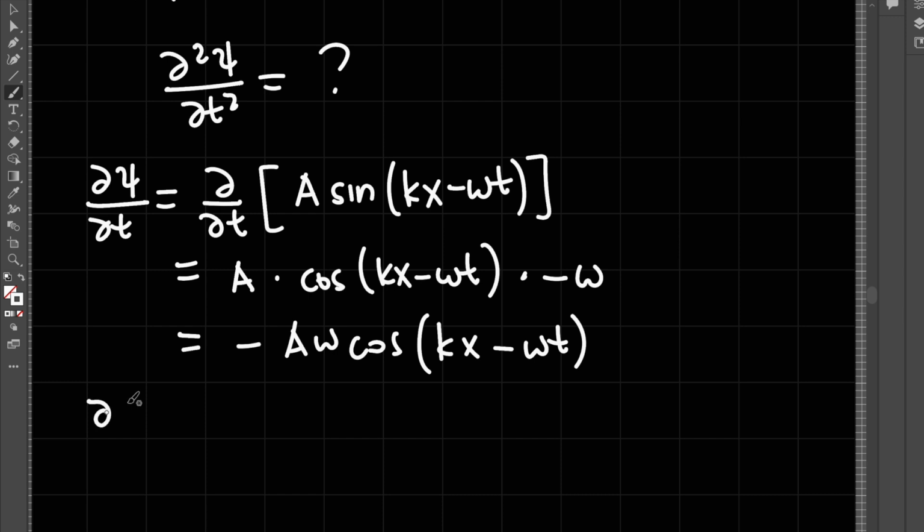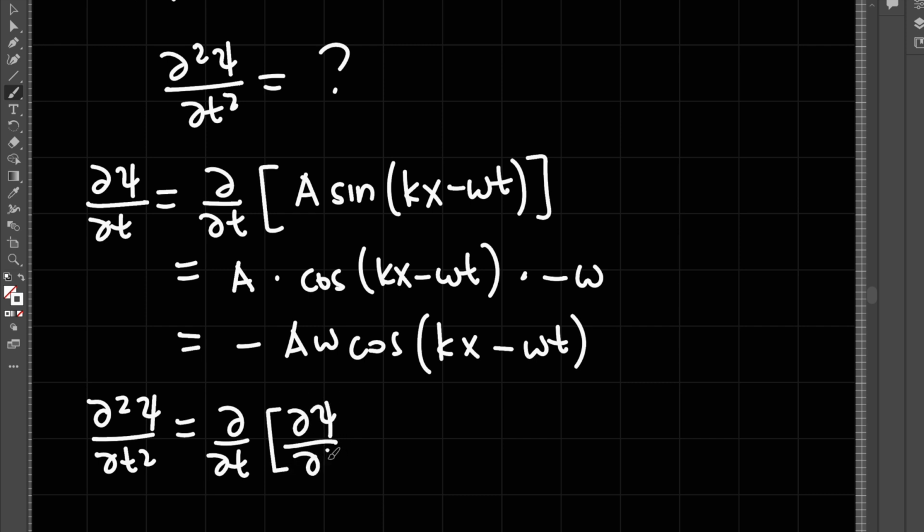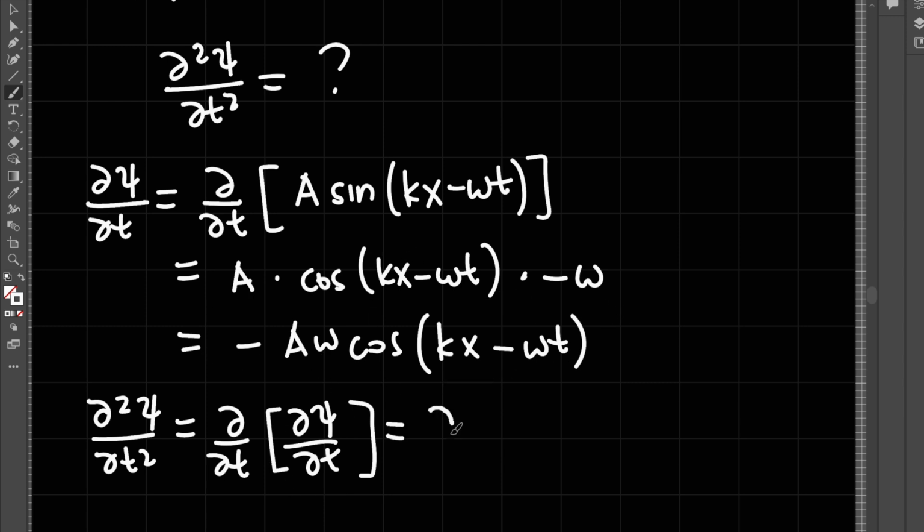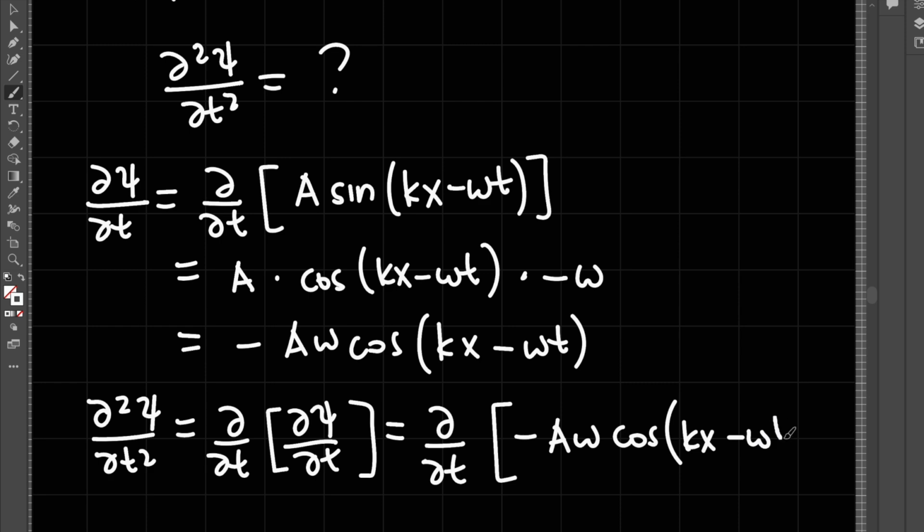Let's calculate the second order partial of psi with respect to time, which is equal to partial over partial of t of partial of psi over partial of t. So this expression is just equal to this expression. So we have partial over partial of t of negative A omega cosine kx minus omega t.